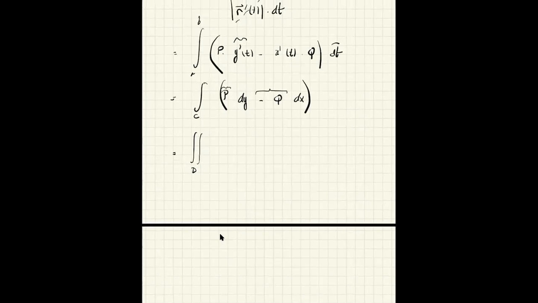It says p dy minus q dx is the integral of the partial derivative with respect to x of p minus the partial derivative with respect to y of q, the whole thing dA.